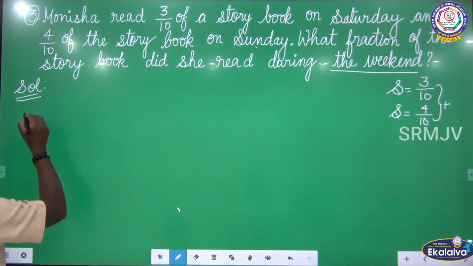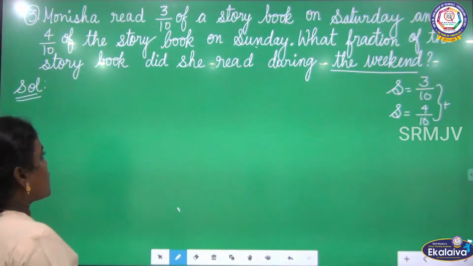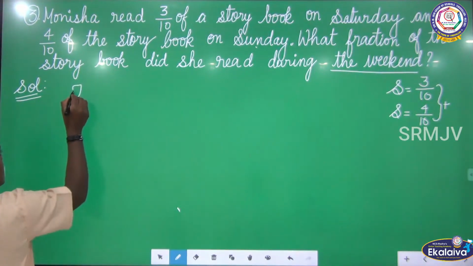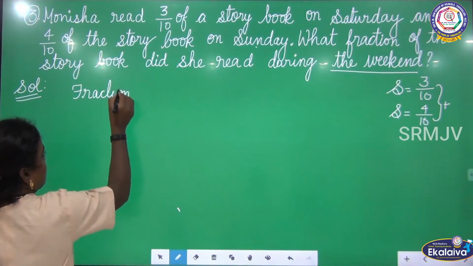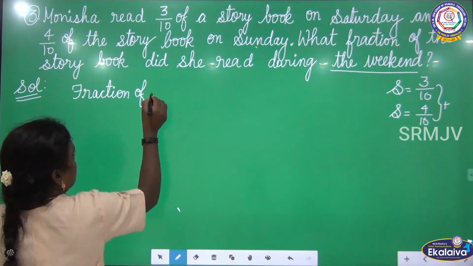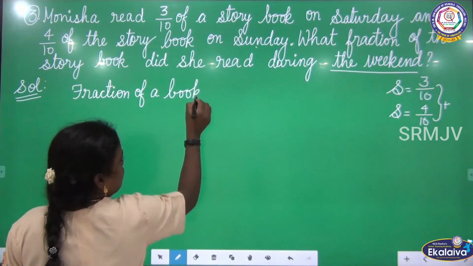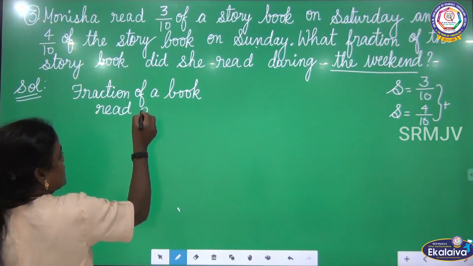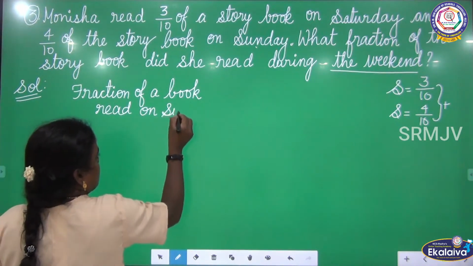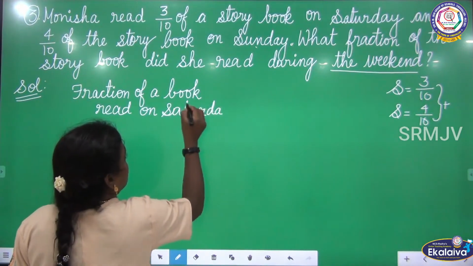We need to write the statement because it's a word problem. First statement, fraction of a book read on Saturday. It is 3/10.